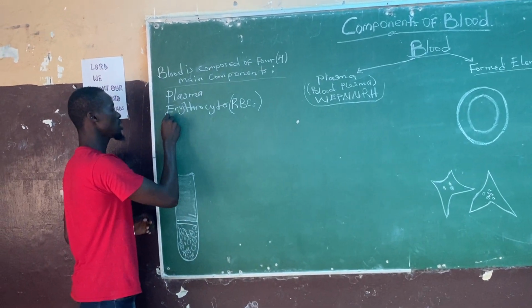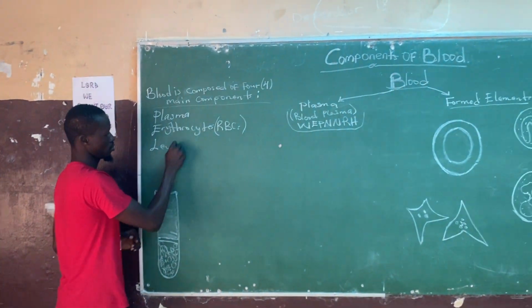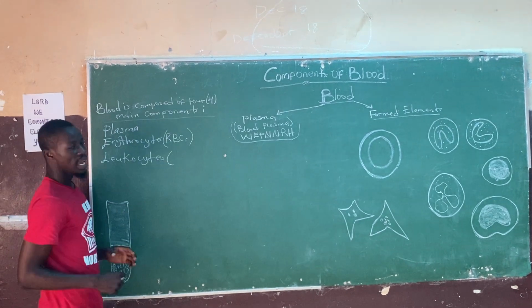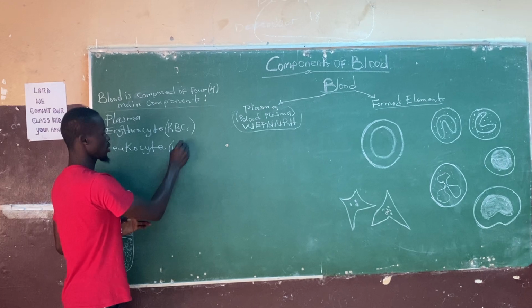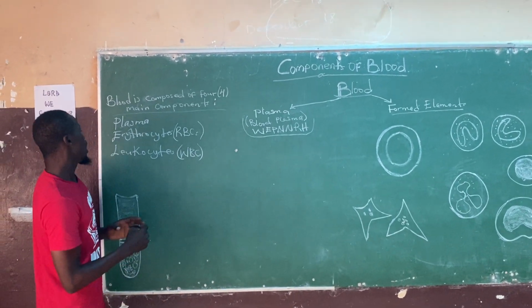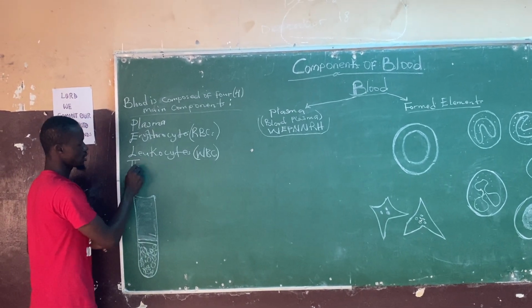The next one is the leukocyte. Now the leukocyte is also referred to as the WBC. And the last one we have is called the thrombocyte.